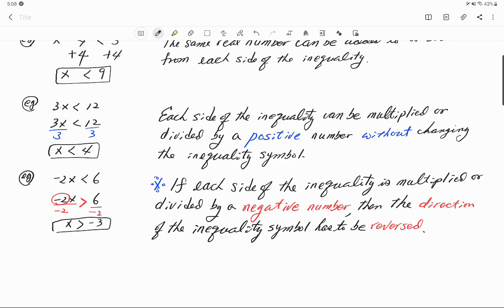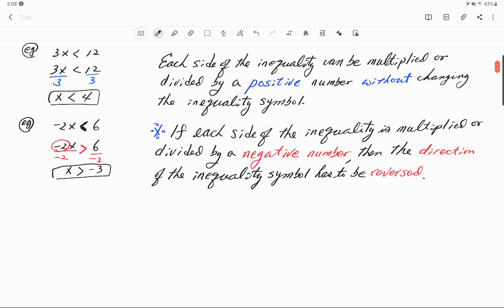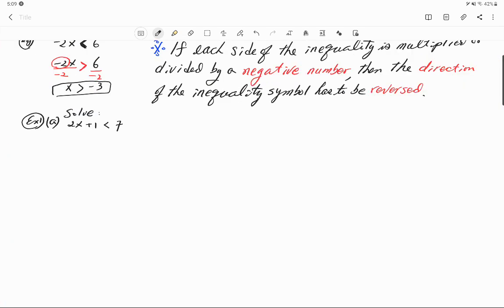Can you see it? When we divide or multiply each side of an inequality by a negative number, we change the direction of the inequality symbol. All right, then let's try an example. Solve 2x plus 1 is less than 7. This is an inequality. In order to find x, move plus 1 to the other side by subtracting 1 from each side.